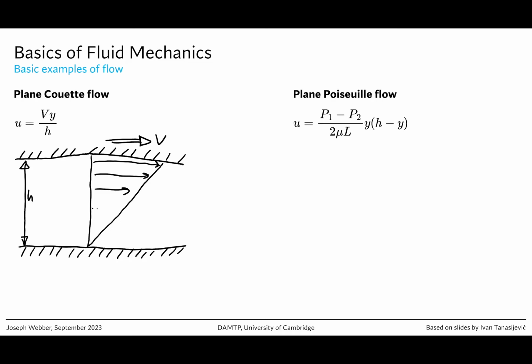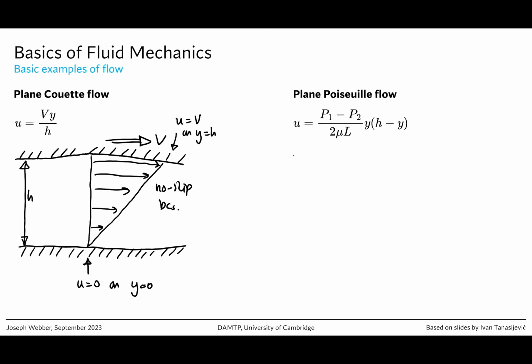So because we're dealing with a viscous flow here, we have no-slip boundary conditions. And the no-slip boundary conditions, as discussed before, tell us that up here, u is equal to V at y equals h, and down here, u is equal to 0 at y equals 0, and it varies linearly between these two points. And all the flow is horizontal.